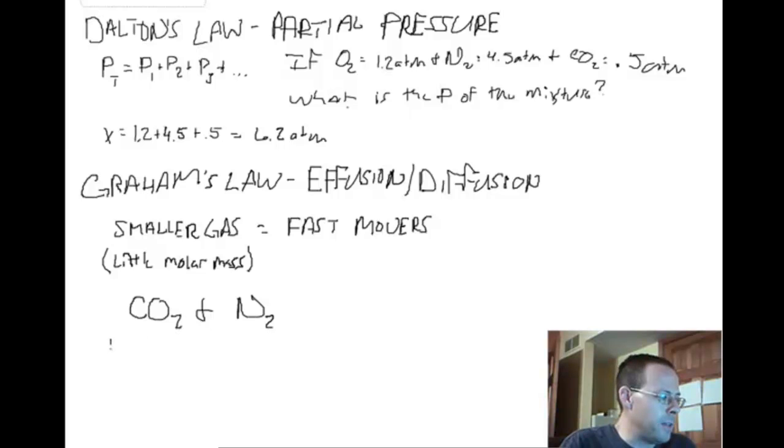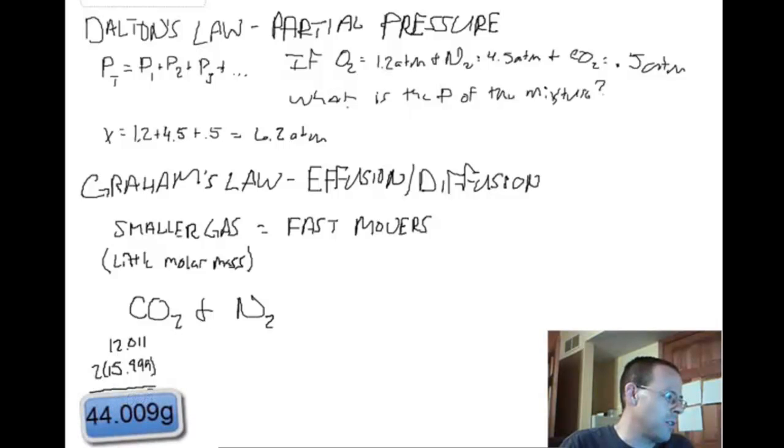Carbon dioxide is 12.011, which is carbon's mass, plus two oxygens, which are 15.999 each, and when we add those up we get about 44 grams. Nitrogen, on the other hand, is just 2 times 14.007.